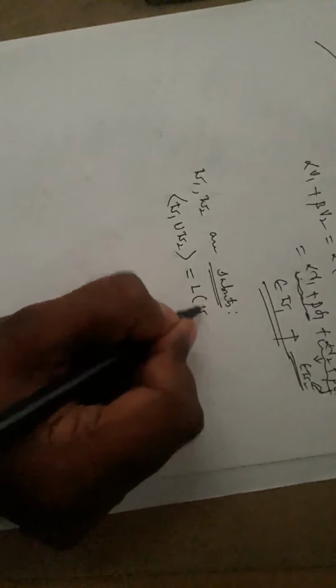And we have one more identity here. Suppose W1 and W2 are just subsets. If they are just subsets, then what is the span of W1 union W2? This notation is nothing but the linear span of W1 union W2.